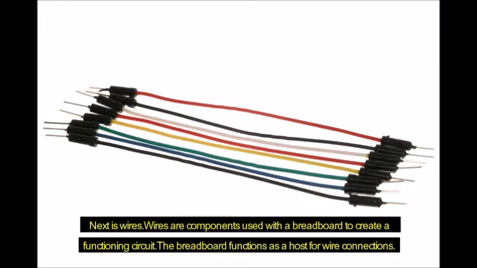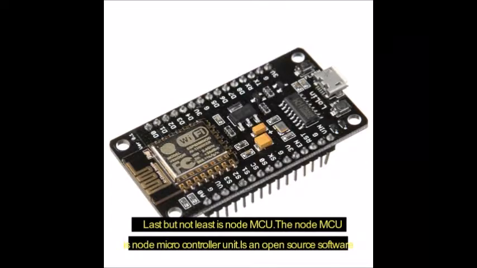Next is wires. Wires are components used with a breadboard to create a functioning circuit. The breadboard functions as a host for wire connections. Last but not least is the Node MCU. The Node MCU is the Node Microcontroller Unit.